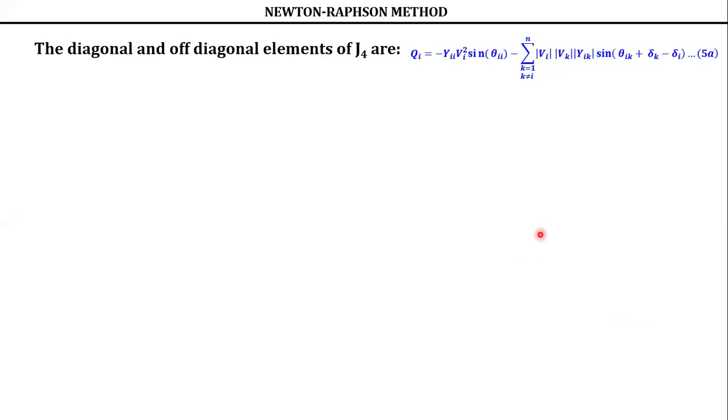J1, J2 is step 1 with respect to the real power equation. Step 2, J1 is with respect to deltas, isn't it? So this is what I said. Step 3 also I said it.